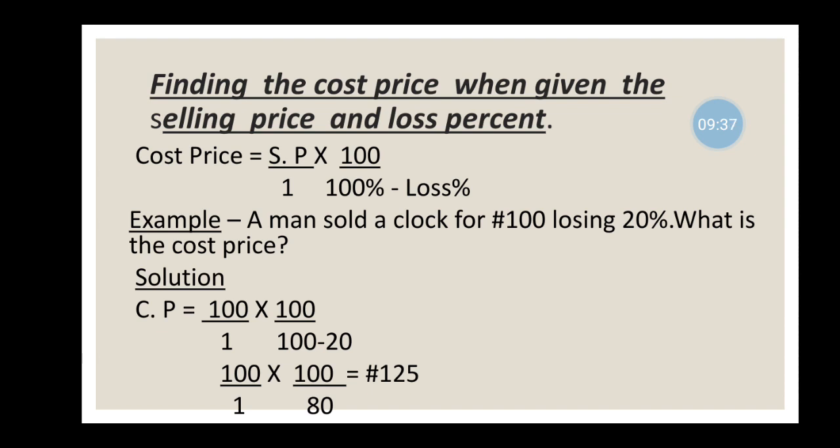Okay, so SP is 100 naira. CP is equal to SP over 1 times 100 over 100% minus your loss percent, which is 20%. So 100 over 1 times 100 over 100 minus 20, and 100 minus 20 is 80.